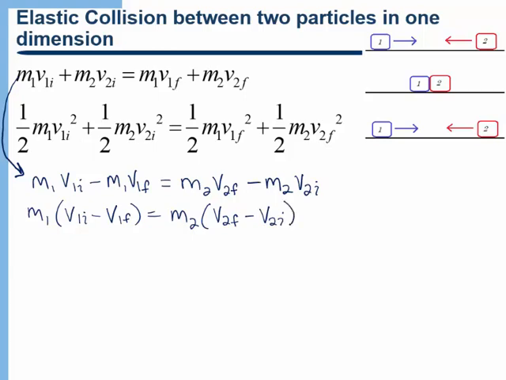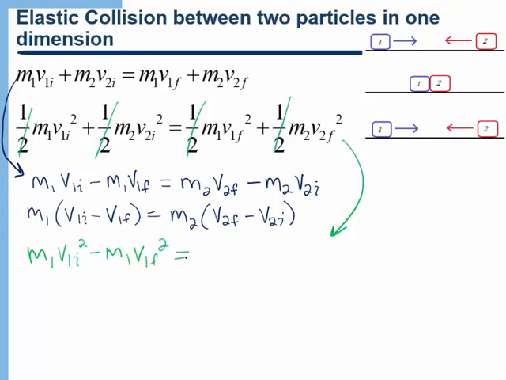Now I'm going to do the exact same thing with my kinetic energy equation. The only thing I'm going to do first is get rid of the 1/2, so I'm going to multiply through by 2 to get rid of those. So first I'm going to gather the m1 terms on the left: m1 v1 initial squared minus m1 v1 final squared.